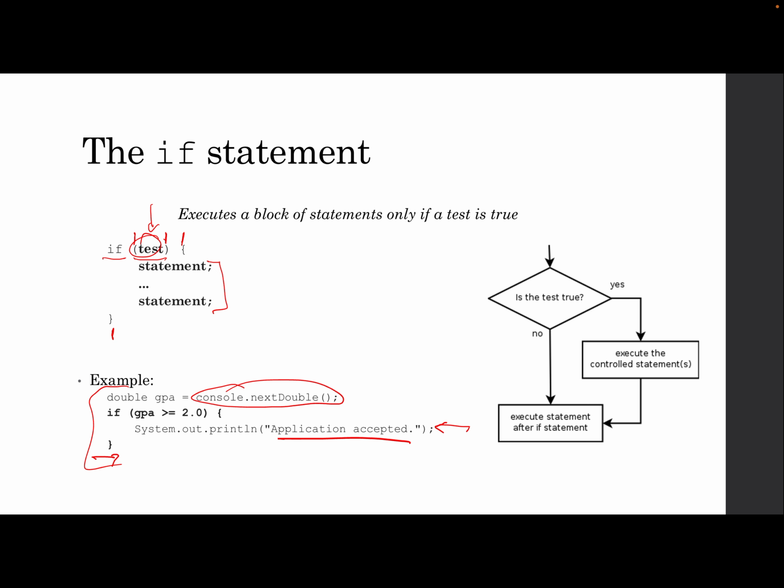We don't print out this statement. So one thing that I notice that people forget is that the statements inside of an if statement are only executed when the condition is true. So if the condition is false, Java's just going to skip it. It's going to jump to whatever is the code immediately after the right curly brace.